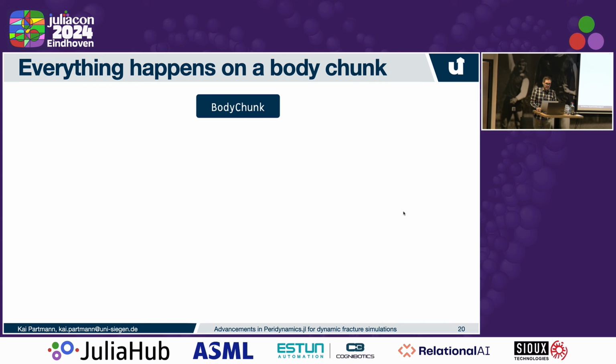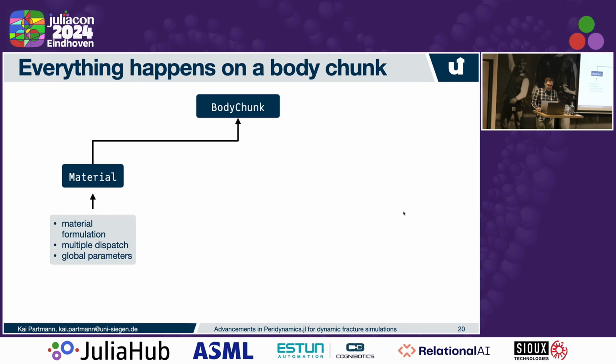So everything happens on a body chunk. This is the type that makes it possible to write these two backends without writing everything twice for two versions of the package. The body chunk contains material information, mainly the material formulation type, which can be used for multiple dispatch.